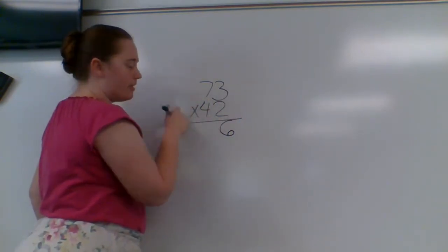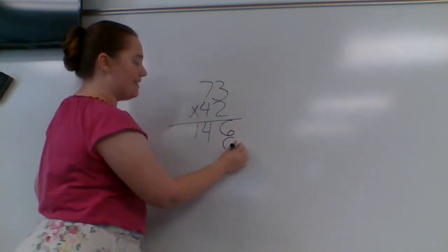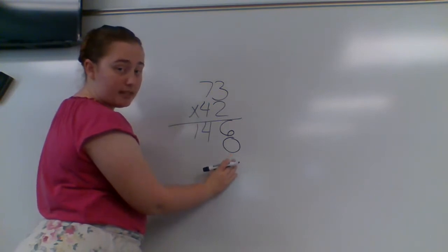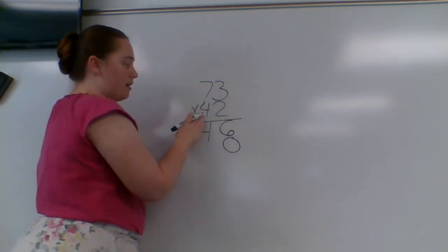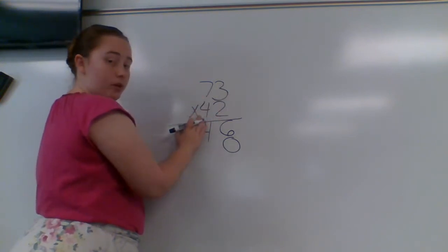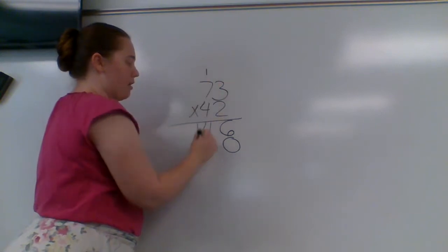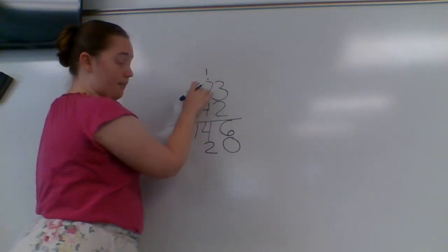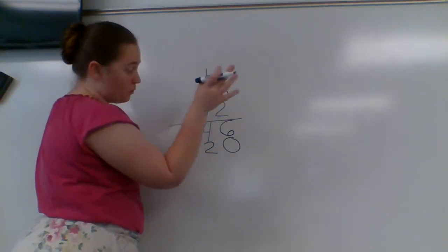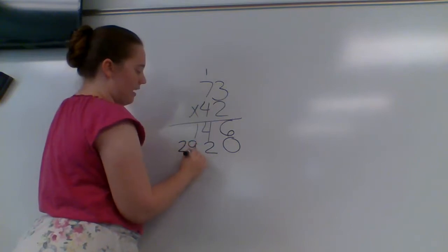And 2 times 7 is 14, and put a 0 underneath my ones place to show that I'm multiplying by a tens place value, and multiply this 73 times this 4 now. 4 times 3 is 12, carry that 1, put the 2 down here. 4 times 7 is 28, plus this 1 is 29.